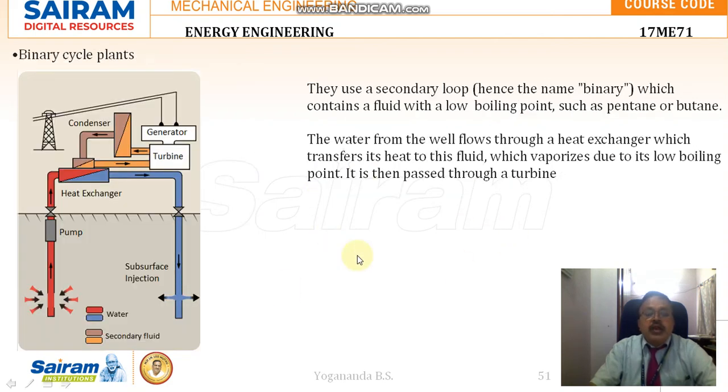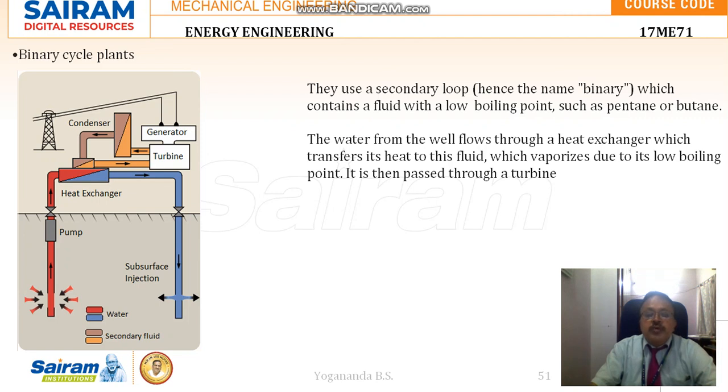Then binary cycle plants. These plants use a secondary loop, which is why we have the name binary. It contains a fluid with a low boiling point, such as pentane or butane.